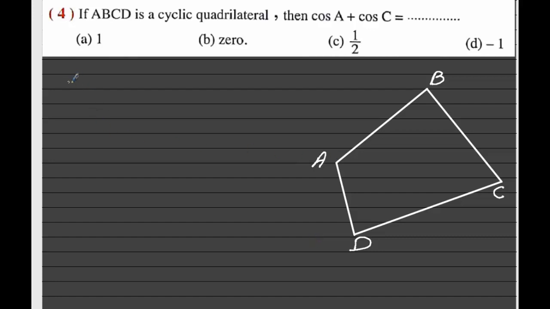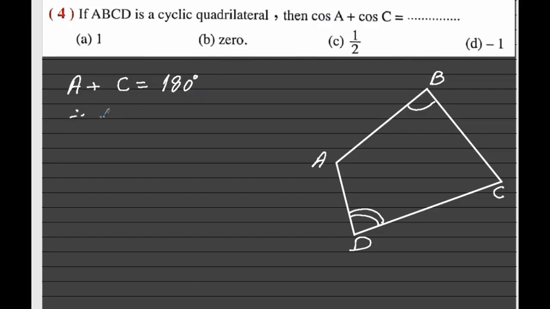So the measure of angle A plus the measure of angle C equals 180 degrees, and also the measure of angle B plus the measure of angle D equals 180 degrees. But we will use A plus C equals 180 degrees.